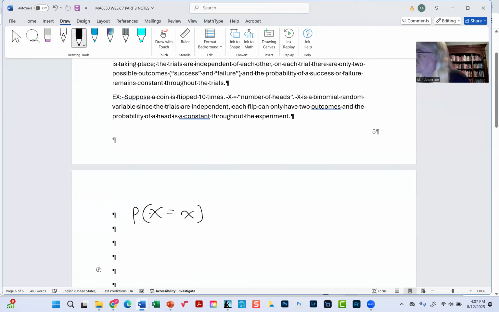We'll call this P of X. Usually the textbook has a capital X and a lowercase x. Capital X is the random variable, the lowercase x is a specific value.